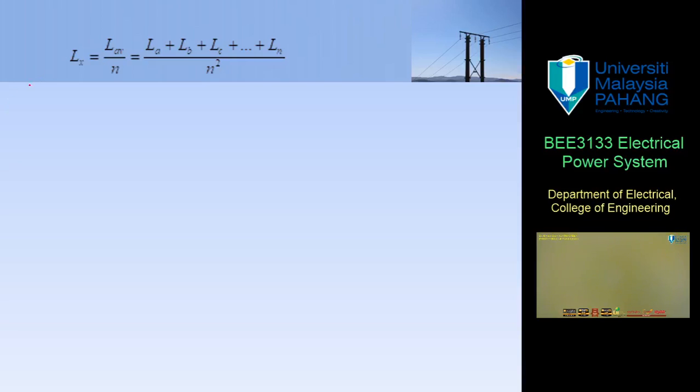So just in here, I take out the 1 over n squared. So we get Lx here as 1 over n squared. Then for this case, I'm going to take only the first and the last one.